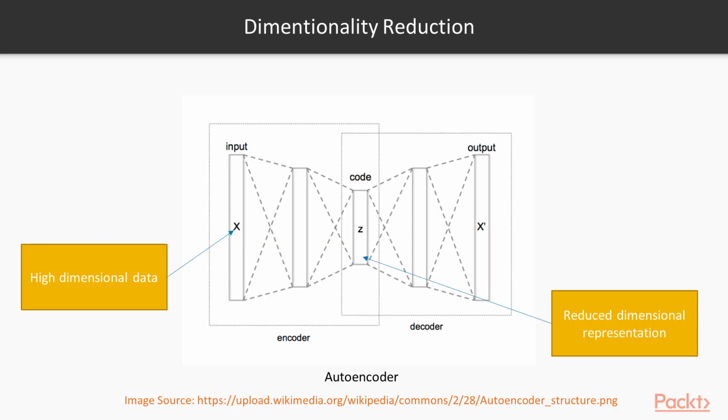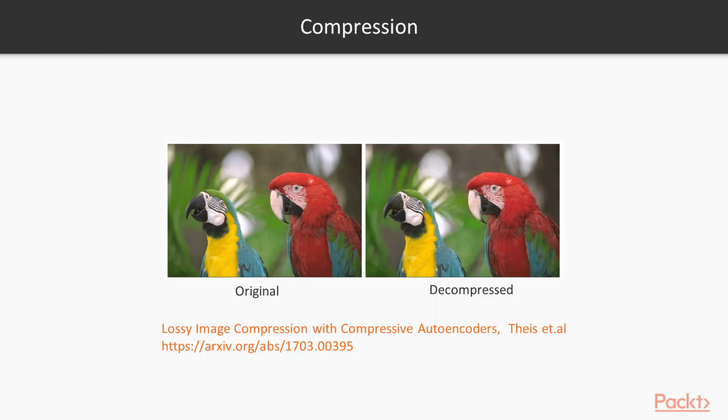Autoencoders are essentially neural networks with a specific architecture. They can be used for dimensionality reduction, which is extracting essential features from a very high dimensional space into a lower dimension. Compared to PCA, which can only learn a linear relationship, autoencoders can learn complex nonlinear relationships by using nonlinear activation functions. Autoencoders can be used for data compression.